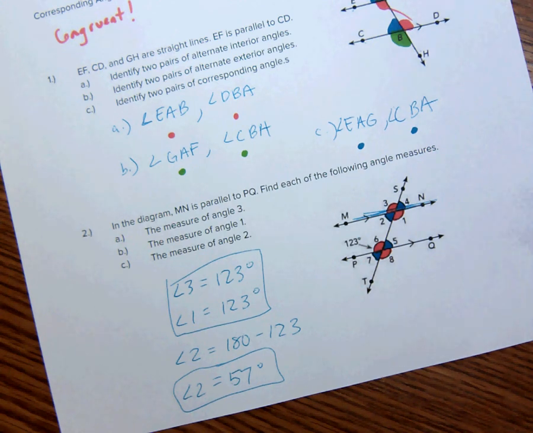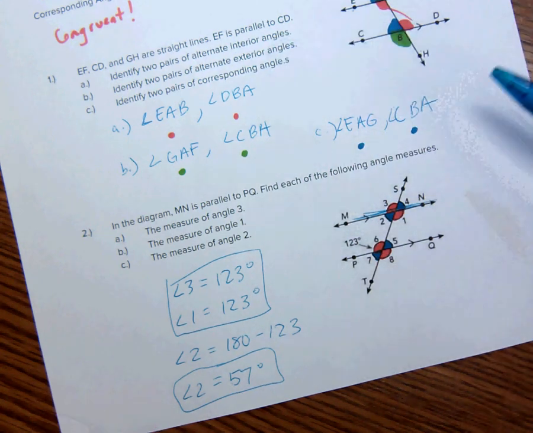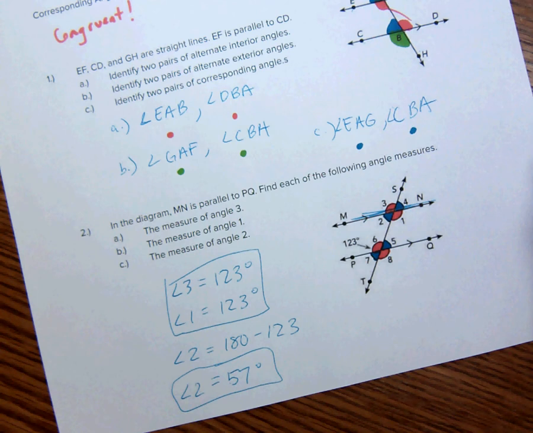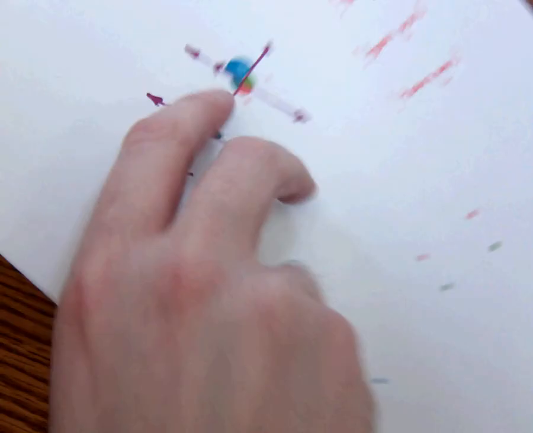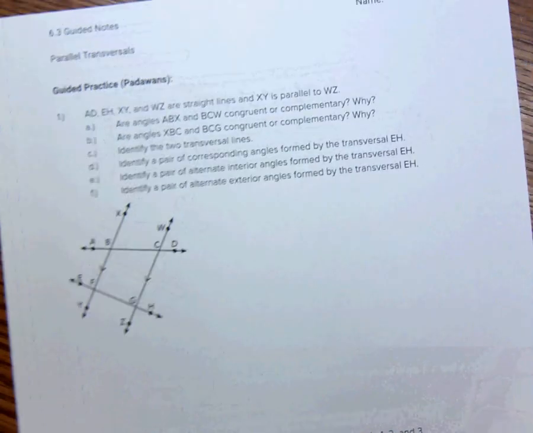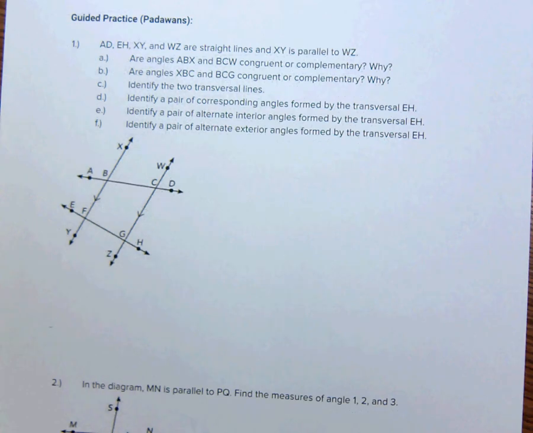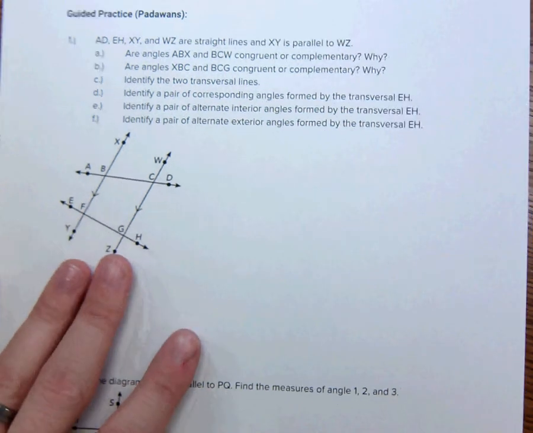Now, it may feel like I didn't explain a whole lot, but knowing this is enough. So that's actually the end of my part of your notes. On the back here, I want you to tackle these questions. When it says why, you need to tell me, is it because of corresponding?